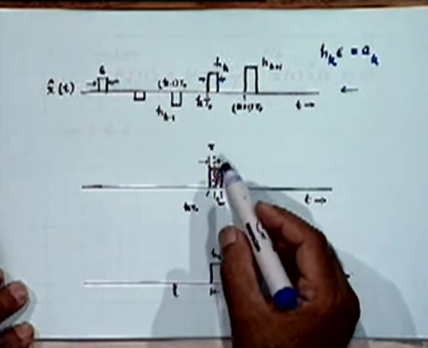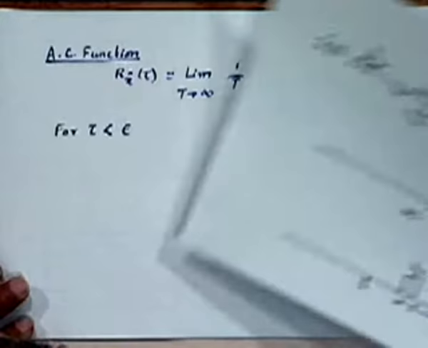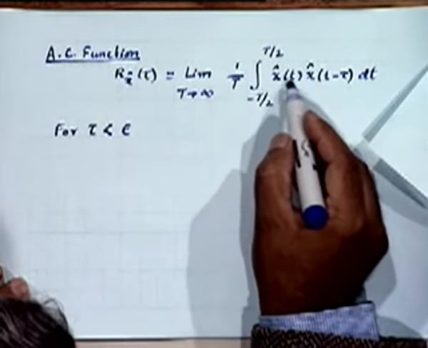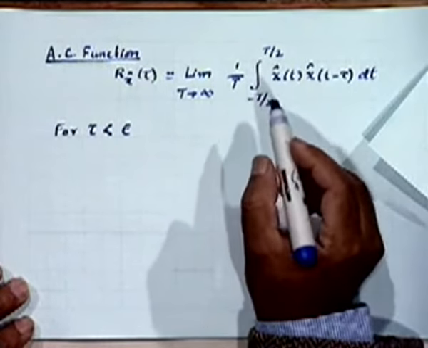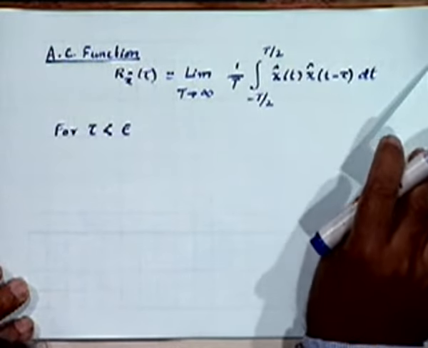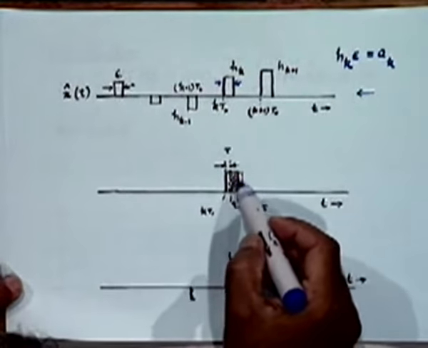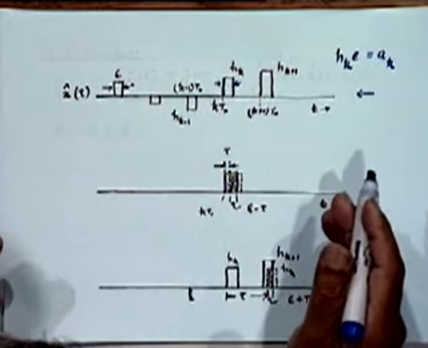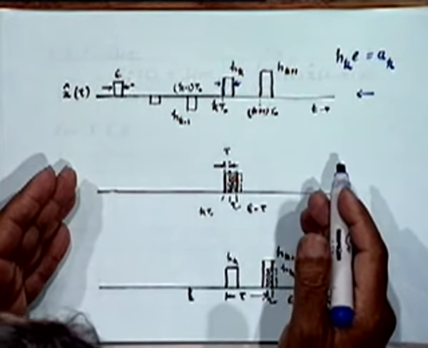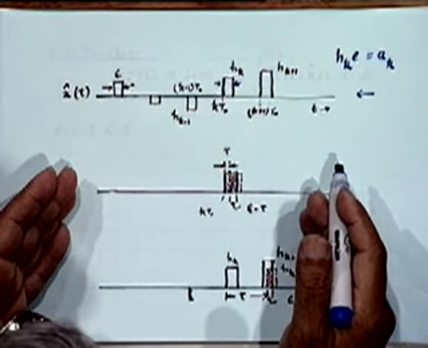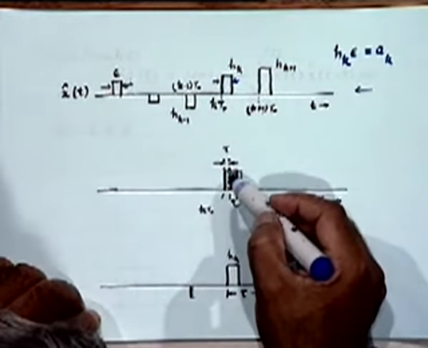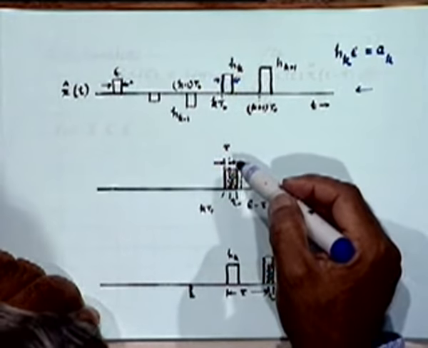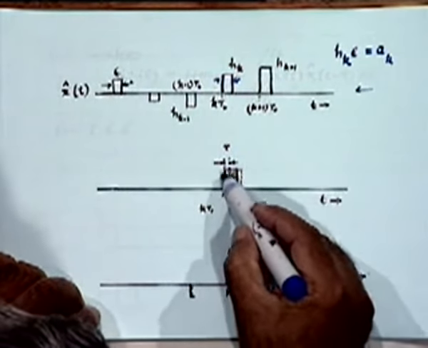What we are interested in now is the value of this product, because that product is what is going to contribute to the value of this integral. This product will be contributed by a number of such pulses, all of which lie in the interval between minus T by 2 to plus T by 2, which you are integrating, and we are looking at the contribution of the kth pulse pair of x hat t and x hat t minus tau, which is depicted like this.